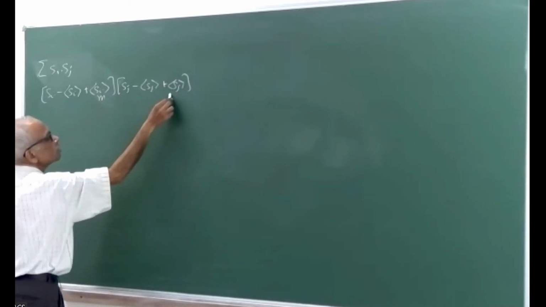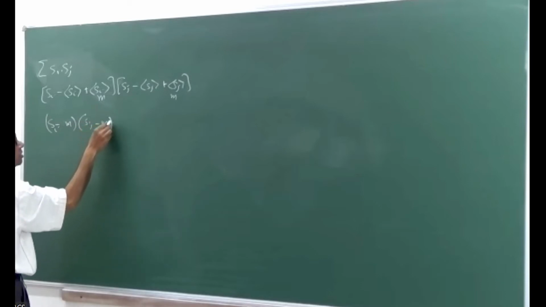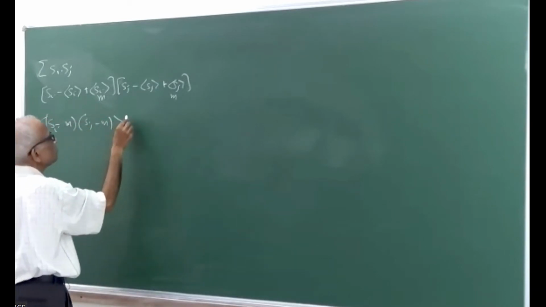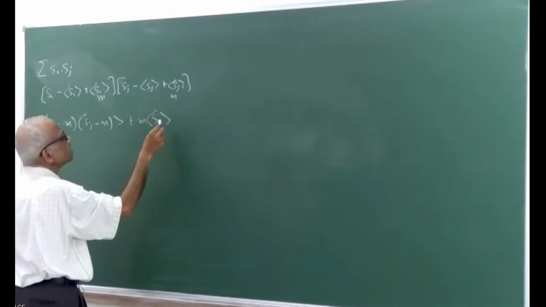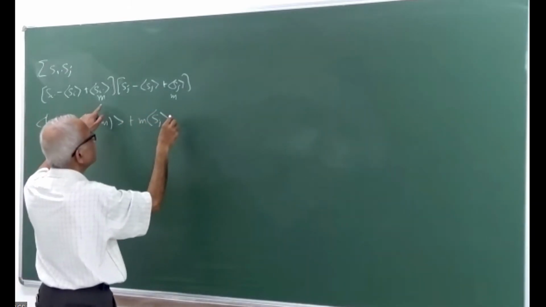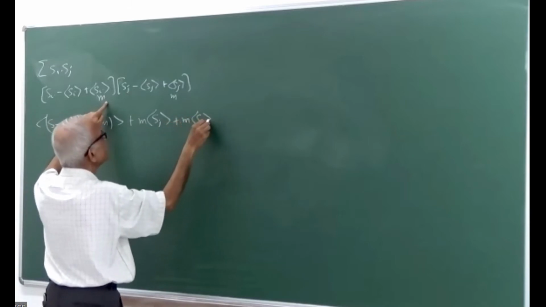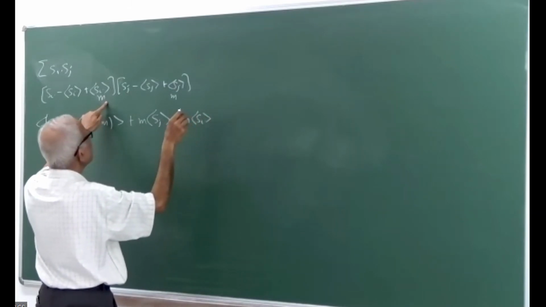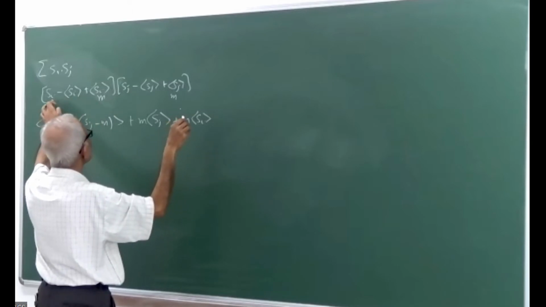This is what I called M. And so it was (Si minus M) into (Sj minus M) average, plus M Sj average, plus M Si average.